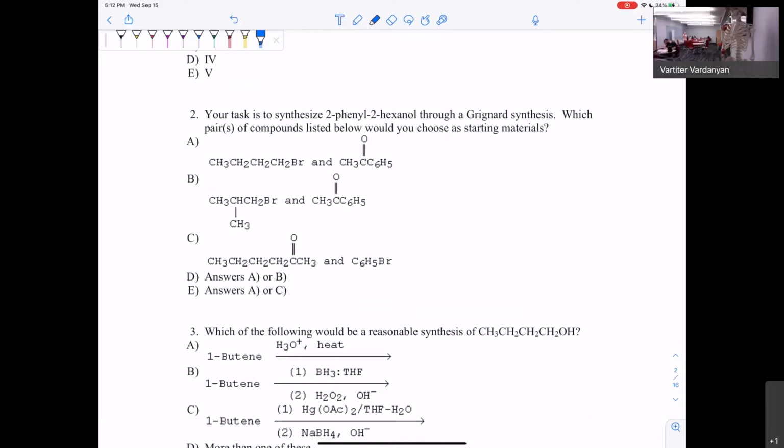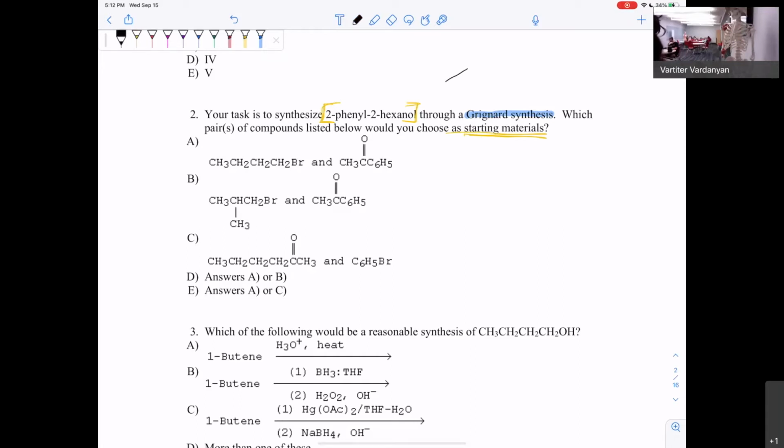The first thing I would see is Grignard synthesis, and that means we're doing a Grignard reaction. This is our product, and it's asking, what would you choose as the starting material? So he gives you the product and wants you to find out what makes that product. Let's draw out this product. 2-phenyl, 2-hexanol.